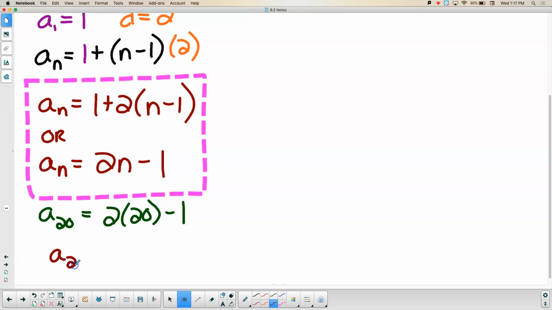So I get my 20th term is 39. Or I could go 20 minus 1 is 19. 19 times 2 is 38. 38 plus 1 is 39. Questions, comments, concerns, clarifications?